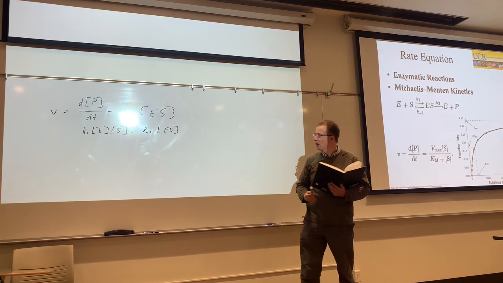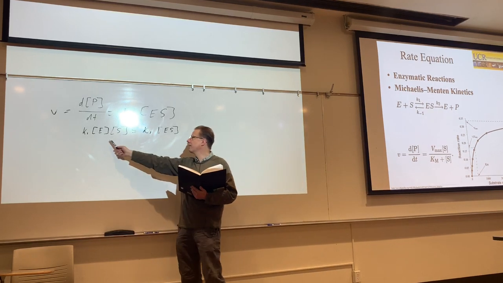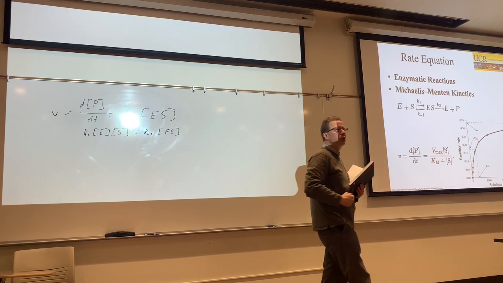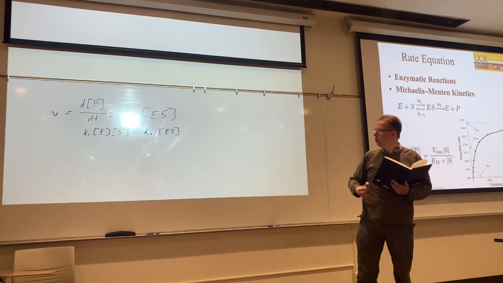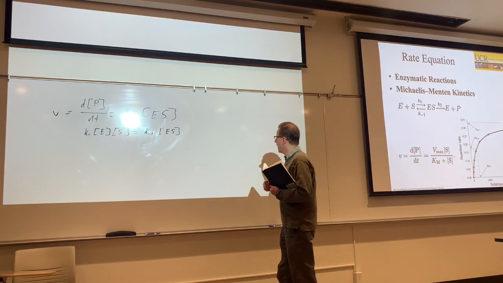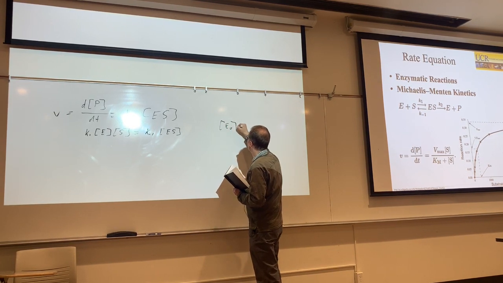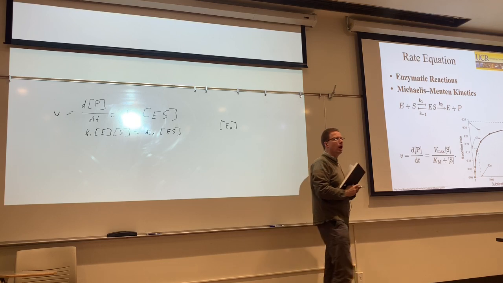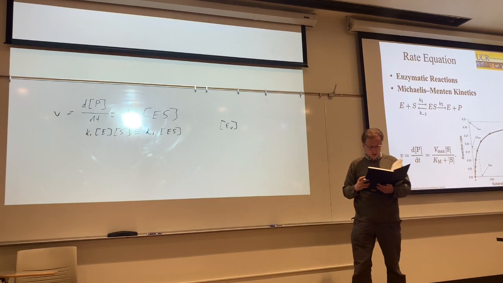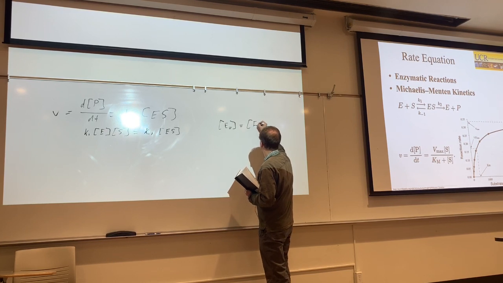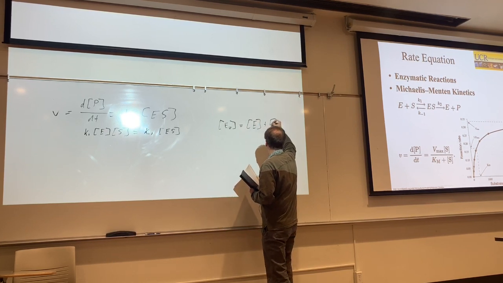Because the concentration of the enzyme over here is not something which is really controlled in that reaction. What is controlled in that reaction is that a certain total concentration of enzyme is present. And the total concentration of enzyme is equal to the concentration of enzyme plus enzyme substrate complexes.